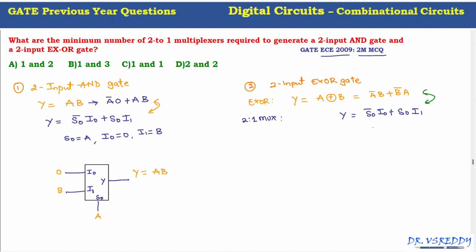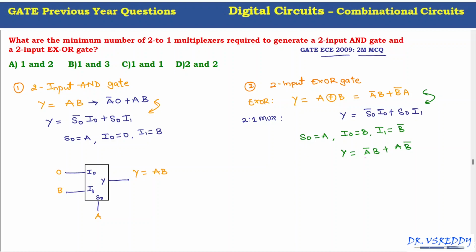one variable is the selection line. Now if I assume that A is the selection line, that is S0 is equal to A, then I0 is equal to B and I1 is equal to B prime. So we can write Y is equal to A prime B plus A into B prime.